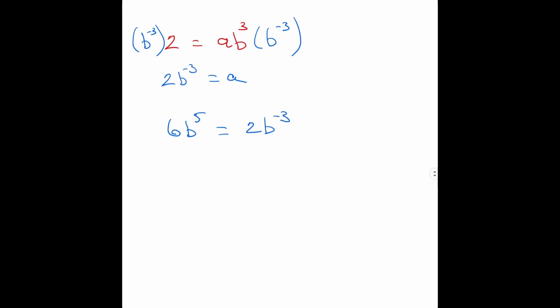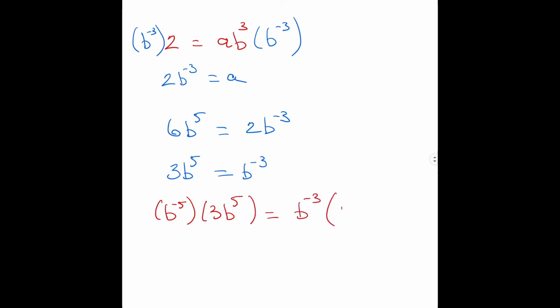Now let's solve for b. I divide both sides by 2, and I get 3b^5 = b^(-3). Then I'm going to put the b's all on the same side, so I multiply both sides by b^(-5). The 3b^5 times b^(-5) simplifies, and the other side is b^(-3) times b^(-5).